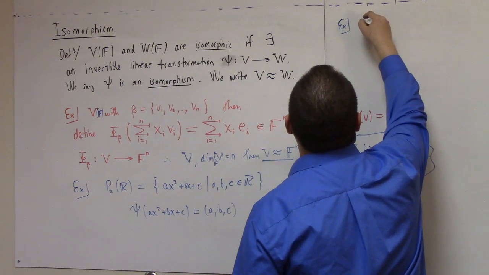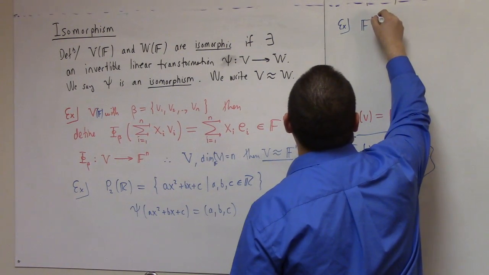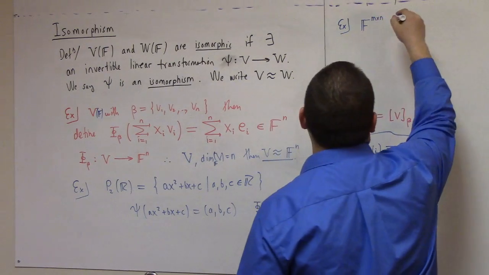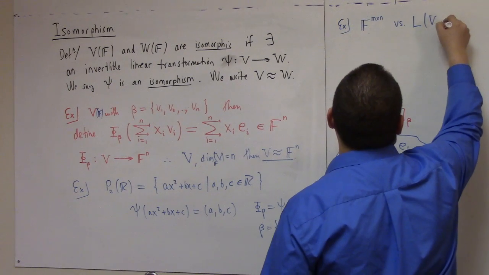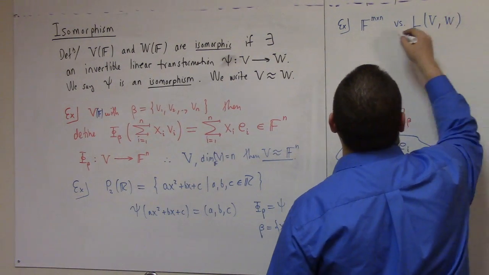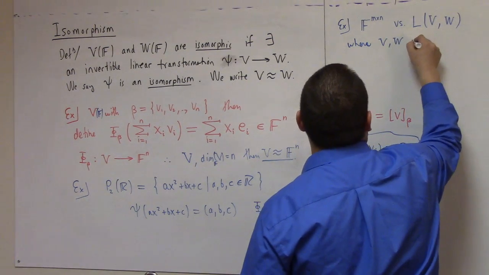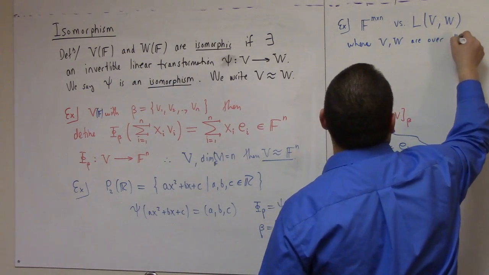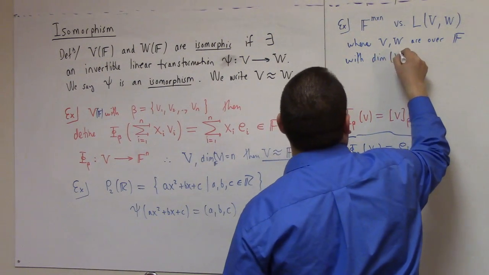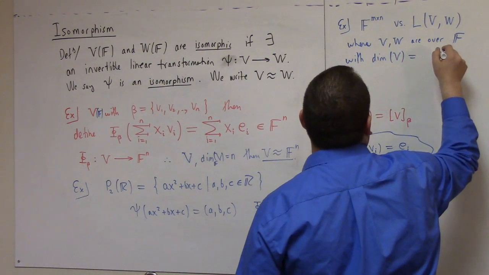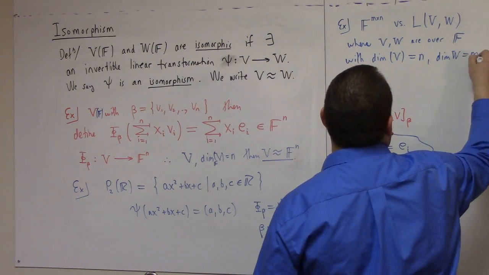I could contrast m by n matrices over a field versus linear transformations from a vector space V to a vector space W, where V and W are over the field F. They're finite dimensional with the dimension of V equal to n, dimension of W equal to m.